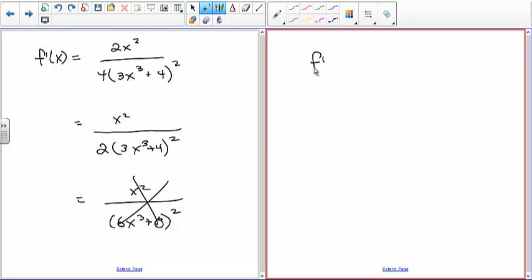Another example would be if you had x over 3x squared plus 7, and some people would say, oh, I've got an x here and I got an x there, so that's got to be equal. I can cancel that out and I get 3x plus 7. Okay, not good.